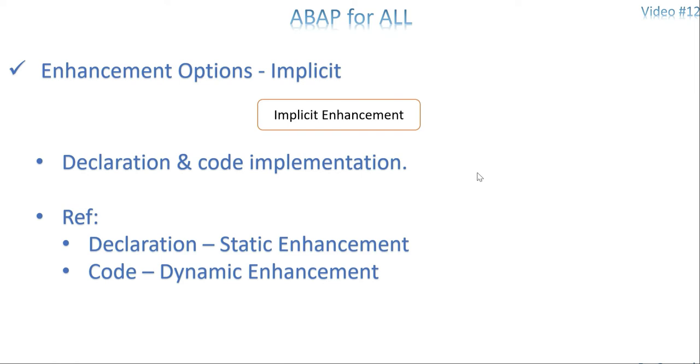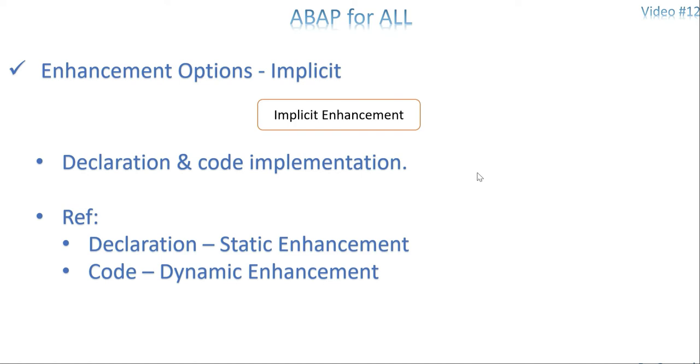Maybe I will tell you in a different video about static and dynamic enhancement. For now, you should be aware that declaration means static, and code means dynamic enhancement. But in the enhancement implementation, one of the properties shows clearly this is static enhancement, this is dynamic enhancement. I will show you that.